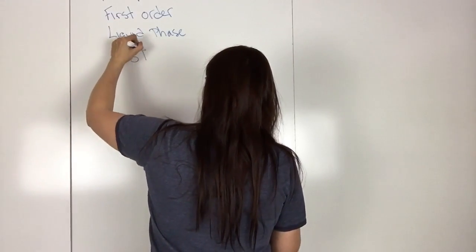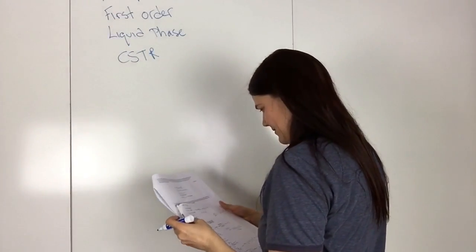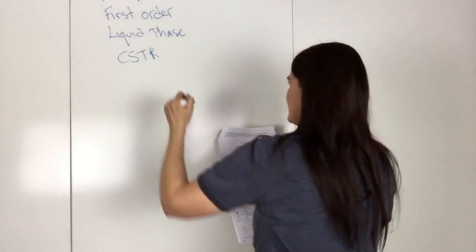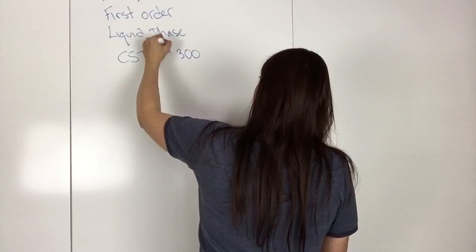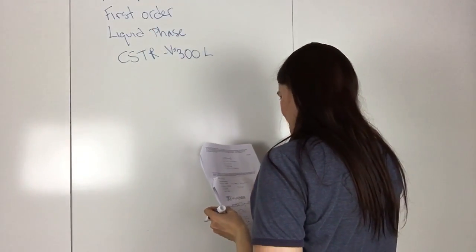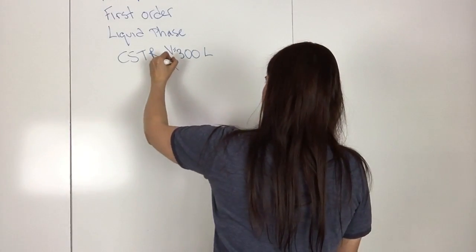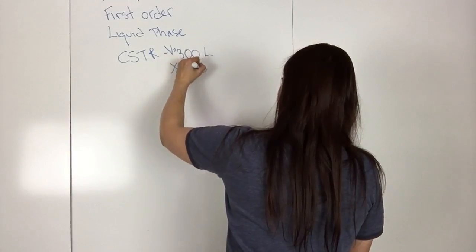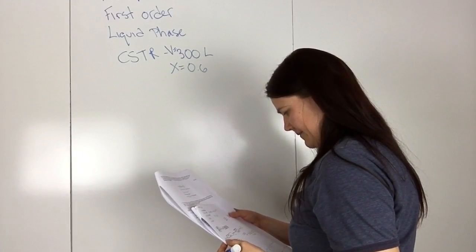We know that we have a CSTR that has a volume of 300 liters, and that its conversion is 60% or 0.6.